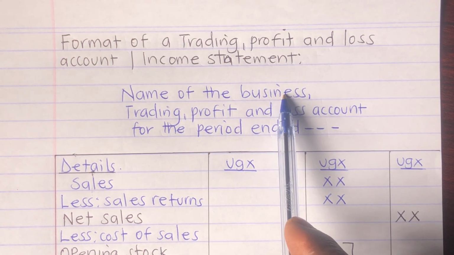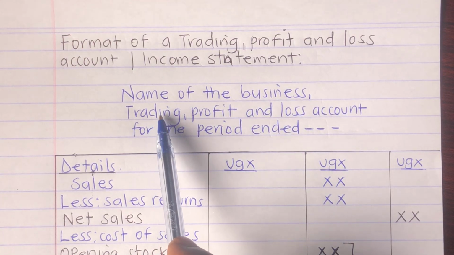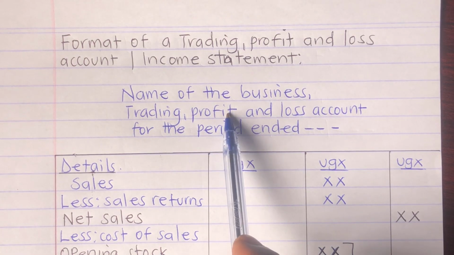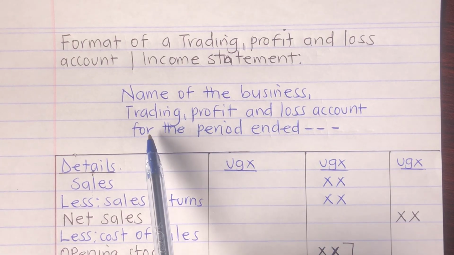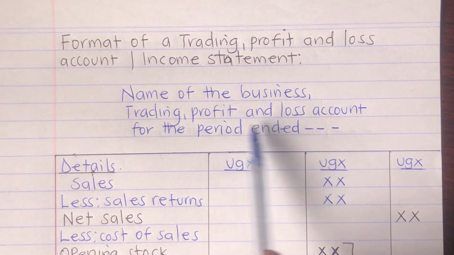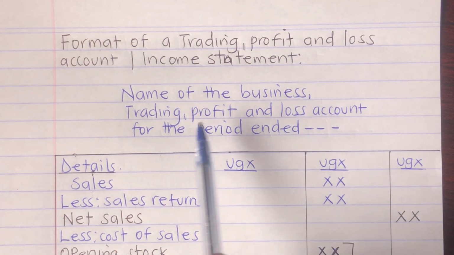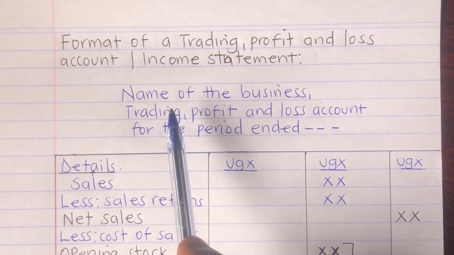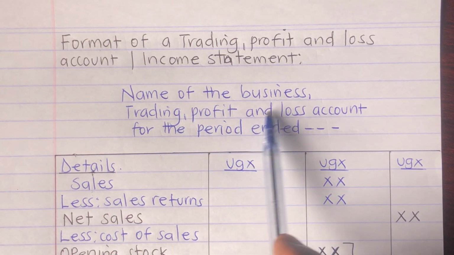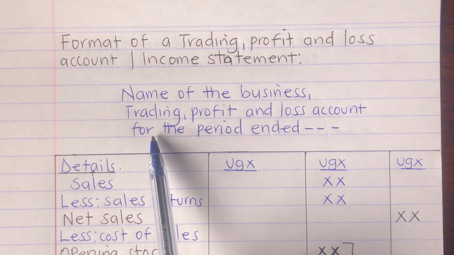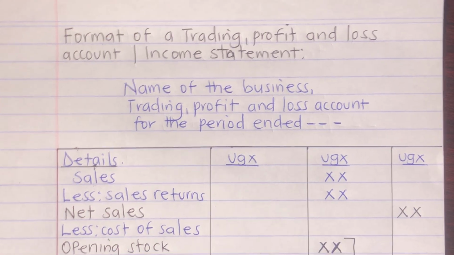Choose any business name, then the name of the account, and in this instance we are dealing with a trading profit and loss account. It's also called an income statement. For the period ended, we write it on 3 lines. The first line is for the name of the business. The second line is for the name of the account or the statement, that is a trading profit and loss account. Then the third line is for the period for which the transactions took place. And this is our format.